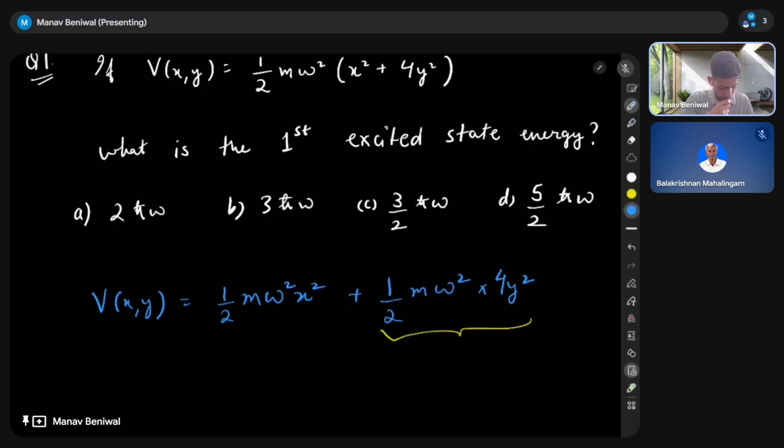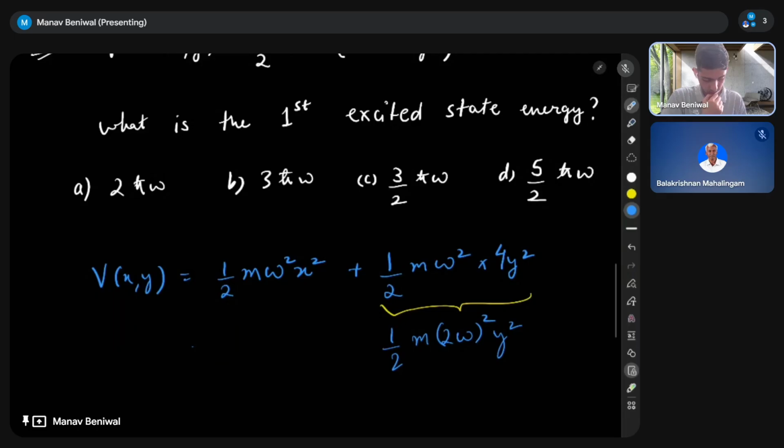We can write, instead of omega we can write 2 omega. Okay, so it's half m 2 omega whole squared and y squared. So this 2 omega term then takes care of this 4. So our total potential will then become this thing.